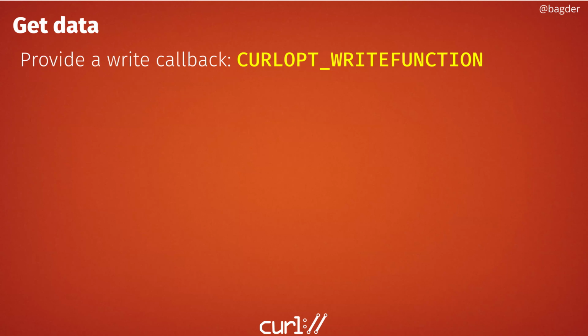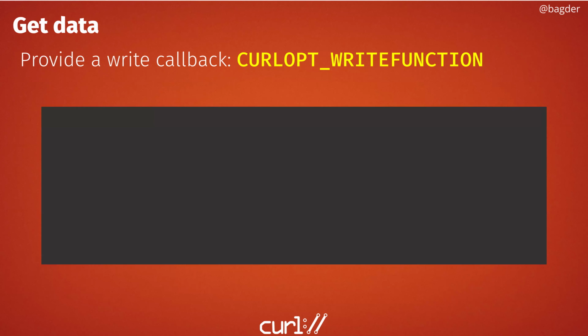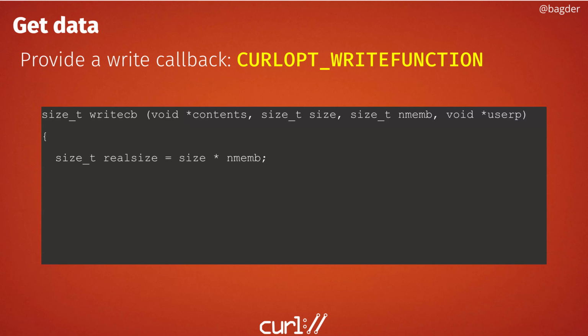So you provide this callback. This is an example. We call it write_cb for callback, and it gets the contents, the size of the contents, and the fourth argument here called userp. That's the pointer that you gave libcurl in this extra option. Everything that is downloaded by curl is provided to this write callback over and over again, chunk by chunk by chunk.